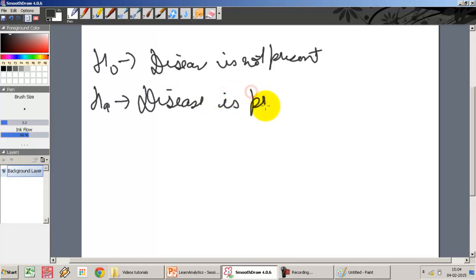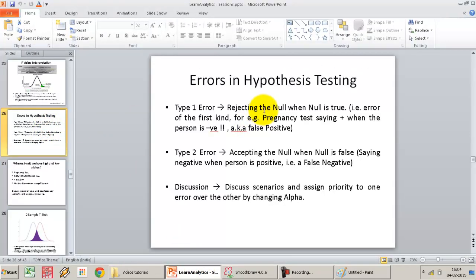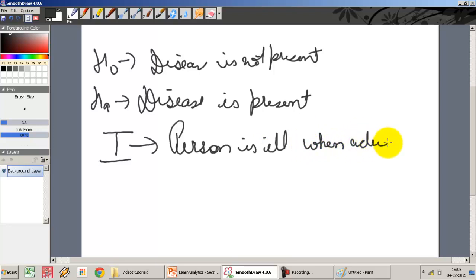So what is a type 1 error over here? A type 1 error is rejecting the null when the null is true: saying the person is ill when actually healthy.